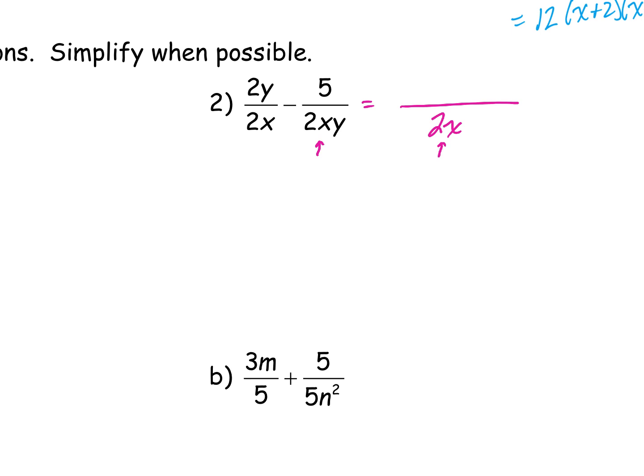A y, right. I need the y. So now I ask myself, what do I multiply this fraction by to get 2xy? What do I multiply 2x by to get 2xy? y. So y over y.